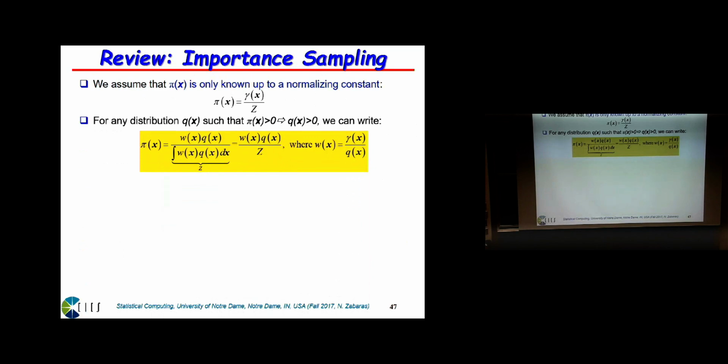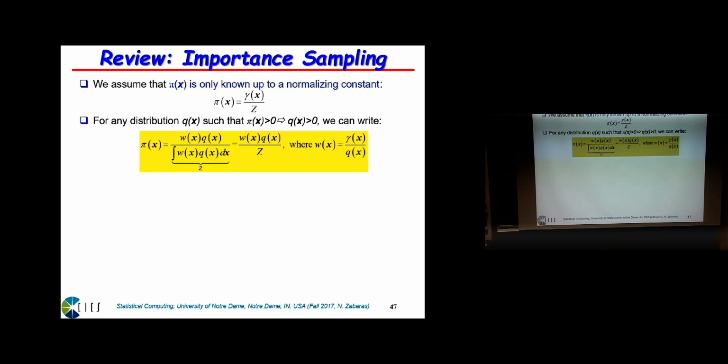So we go back to our notation. We are going to assume that pi is not given. We have an unnormalized version of pi, and this is the normalization coefficient. And I remind you, importance sampling is to sample from a distribution q of x, all right, and define weights that are gamma divided by q.